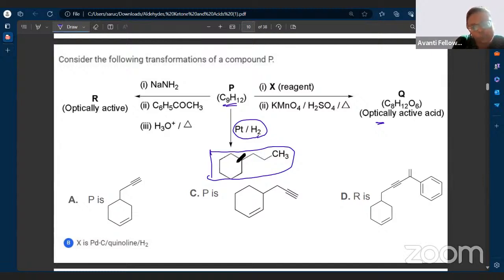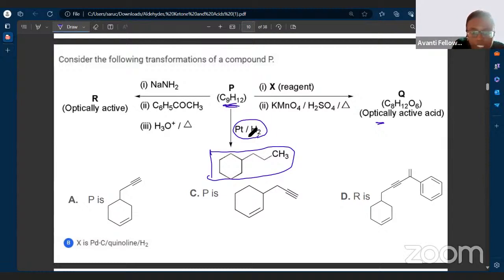Now you have to do the dehydrogenation so that you get P, whose molecular formula is given. So how many carbons should be there? There should be 9 carbons, and there should be 12 hydrogens.